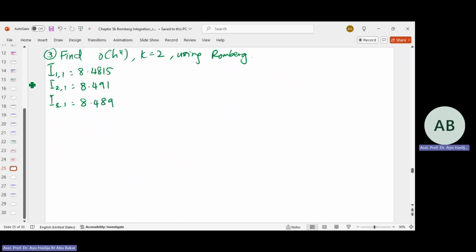Okay, now we want to find O level H4. Okay, this one from OH2. I12, level 2. OH4, we use the equation, this one.